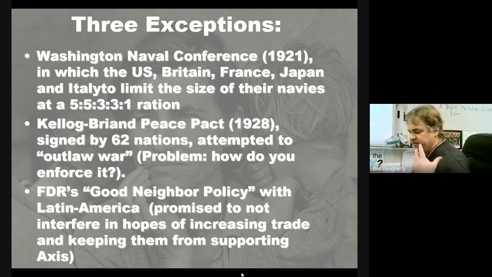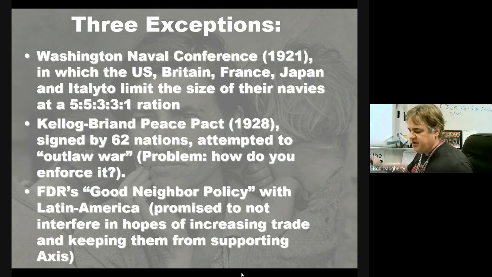We'd intervened when we felt that some of our money and stuff was endangered there. Remember Teddy Roosevelt's corollary to the Monroe Doctrine, the right that only America had the right to intervene in these countries and Europe had to stay out of the Western Hemisphere. FDR is worried about World War II. He's also undergoing the Great Depression. He wants to mend fences.